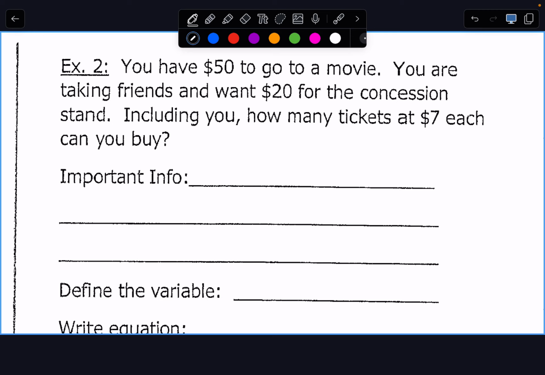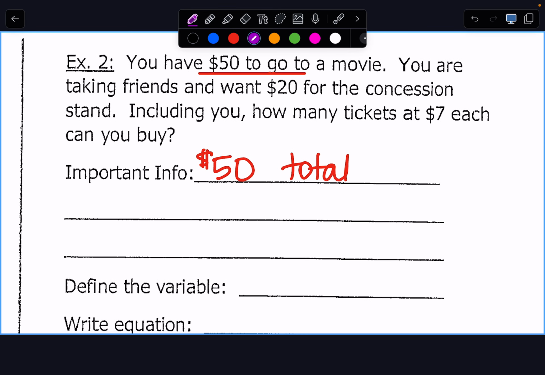All right, what's important? Give me something, Landon. You have $50. So $50 is kind of like our total, right? That's the total amount of money that we have. Okay. What else is important?